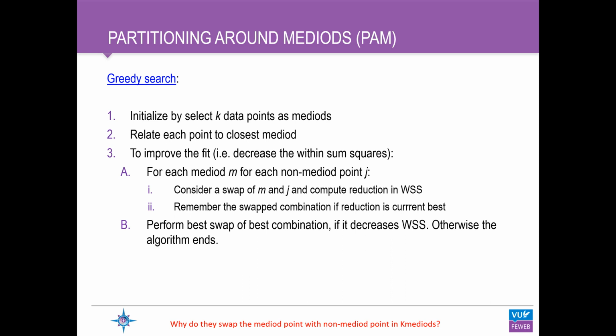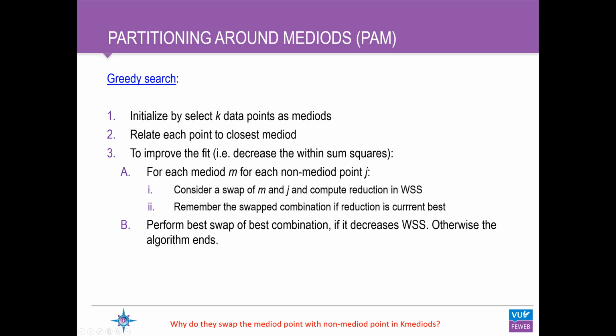Now it is a greedy search, so the same also holds for partitioning around the medoids, where we do not take the means but we take the medoids. So again, you select a few data points as medoids. And remember, means might not appear in your data, but medoids and modes are actual points in your data. So a medoid is the central point by which 50% of your data set is below it and the other 50% above it.